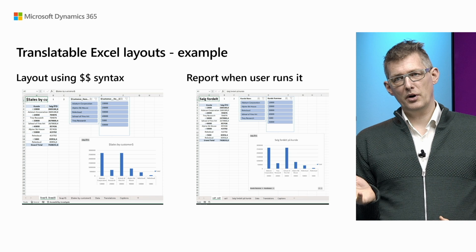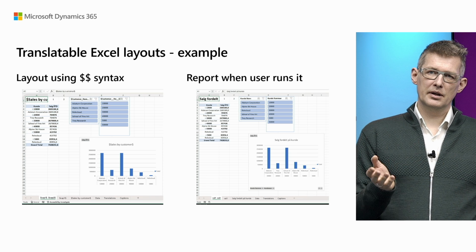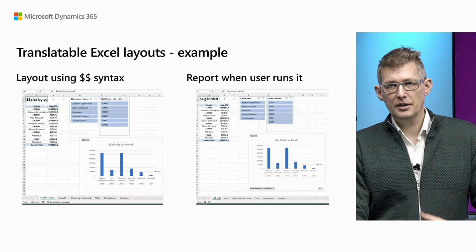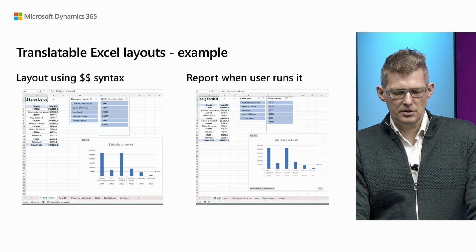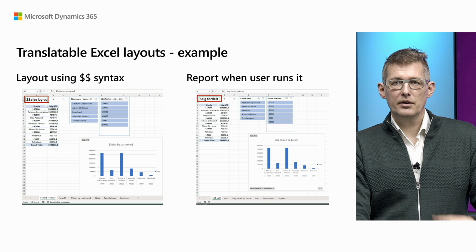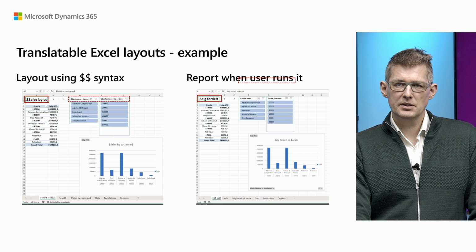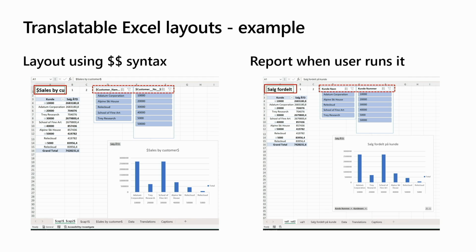So when the user runs the report, in this example a user that used the Danish language, you can see that the cell is translated, the slicer titles are translated to Danish, the chart title is translated, and finally the worksheet is translated as well.